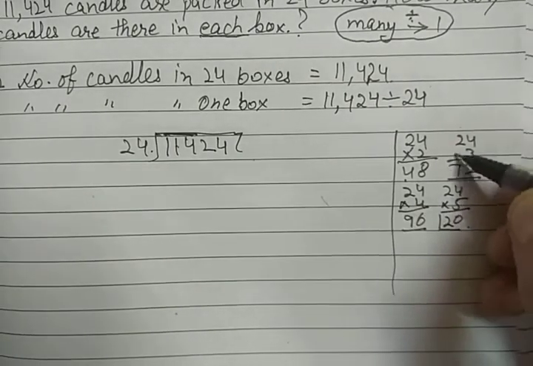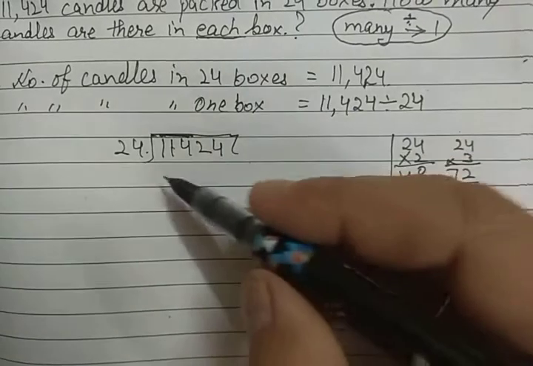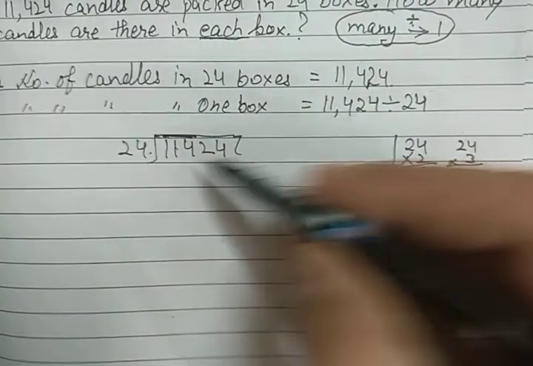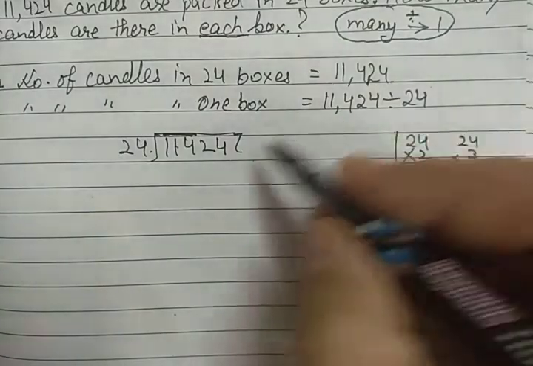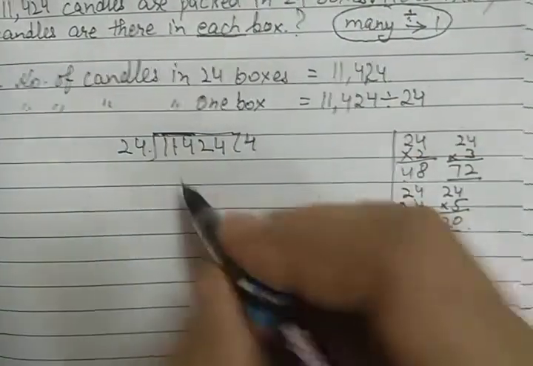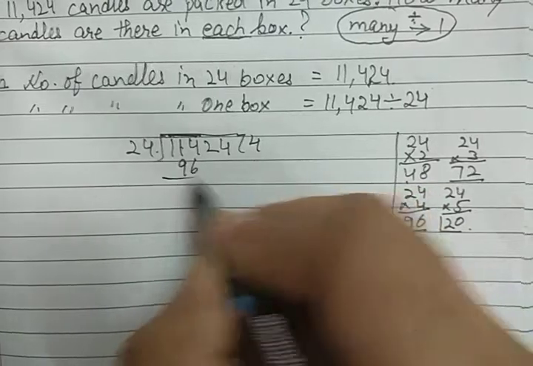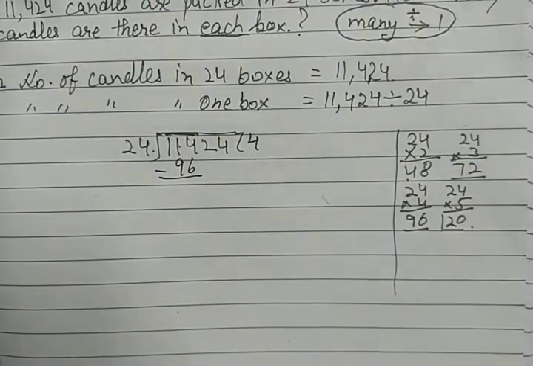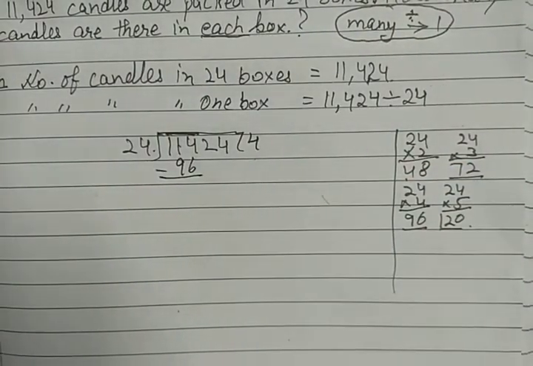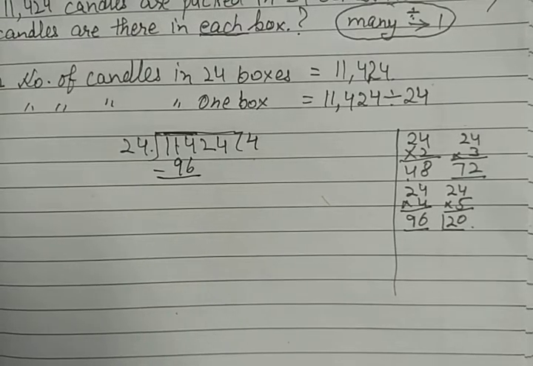You can see here 120 is greater than 114, so we have to take 24 fours are 96.